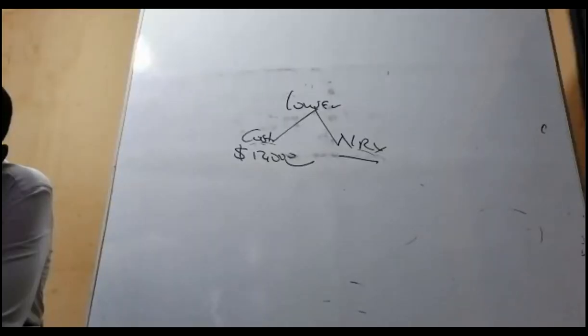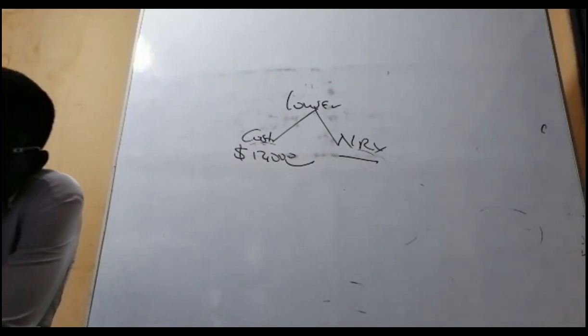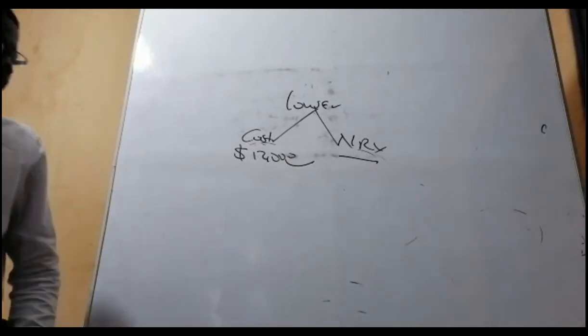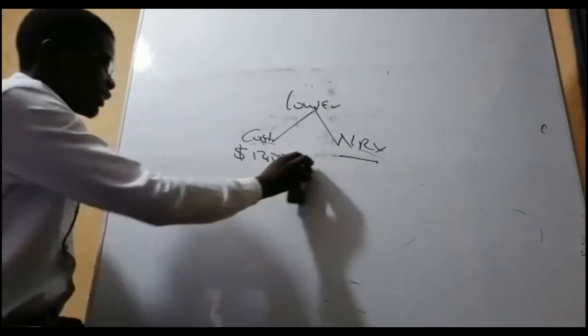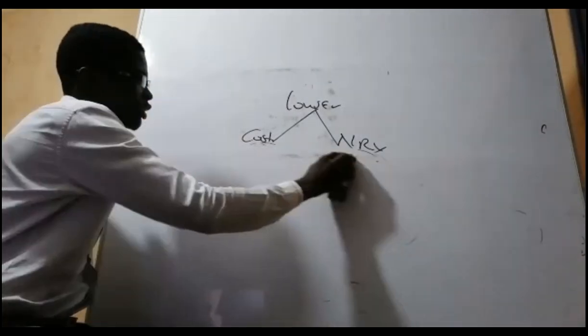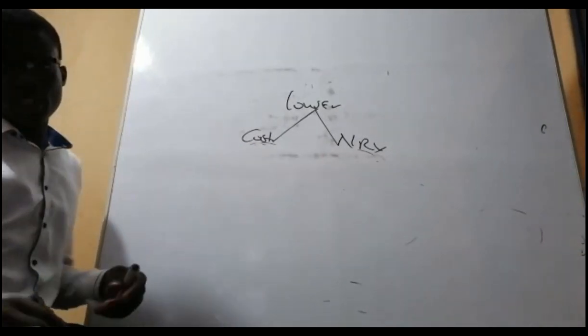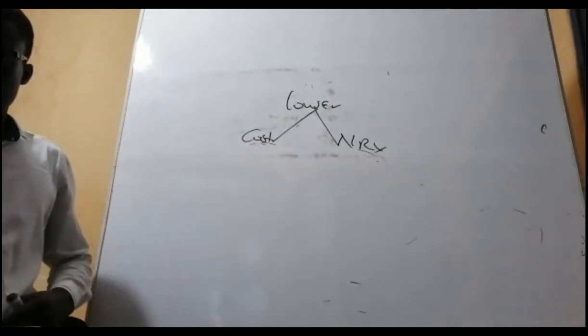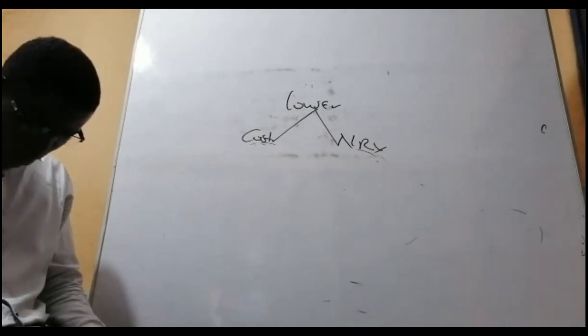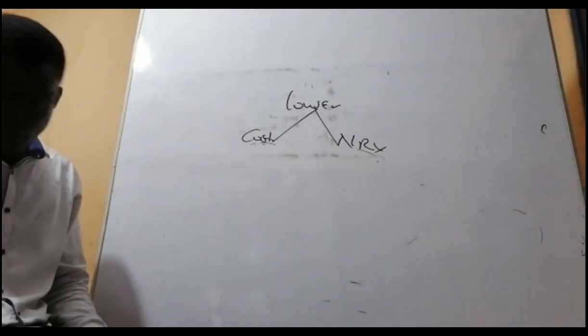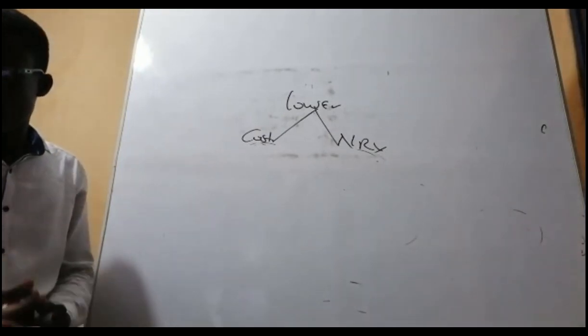Now let's see the question. Now this is the solution to the question. The issue is that you're looking for the value. Anytime the examiner asks you to find the value of the closing inventory, all you have to do is just look out for 2 values.